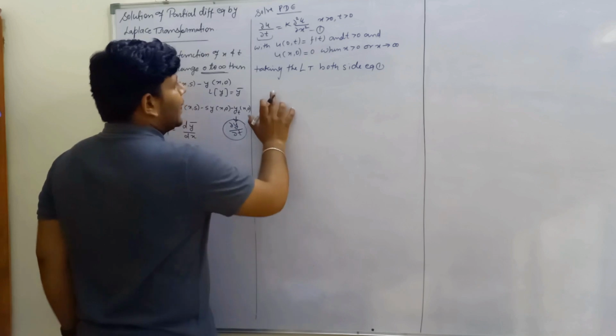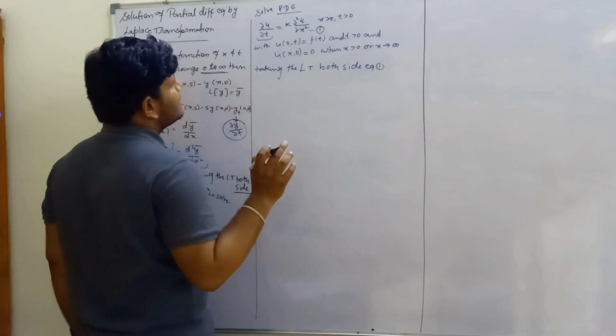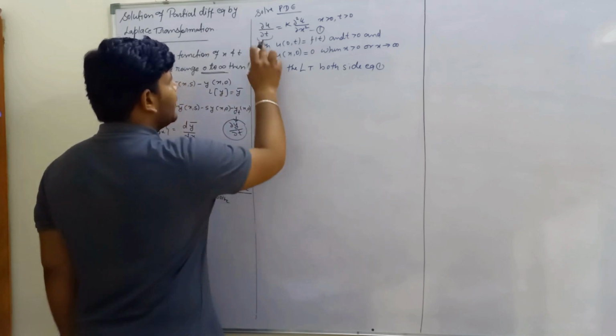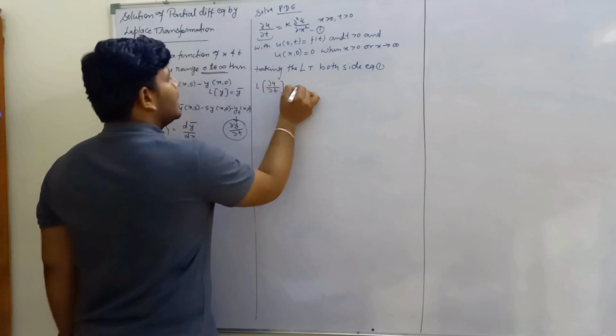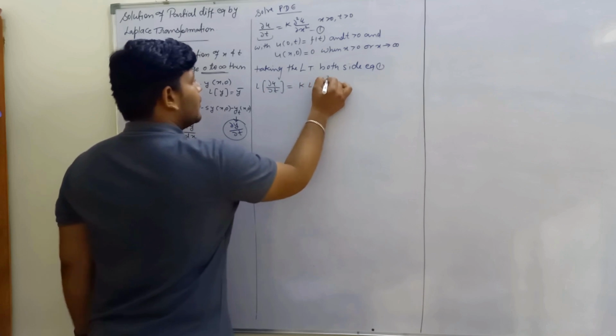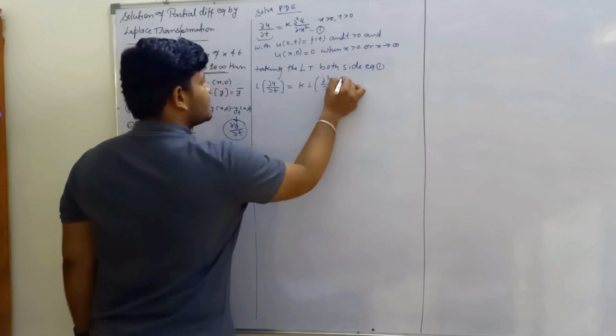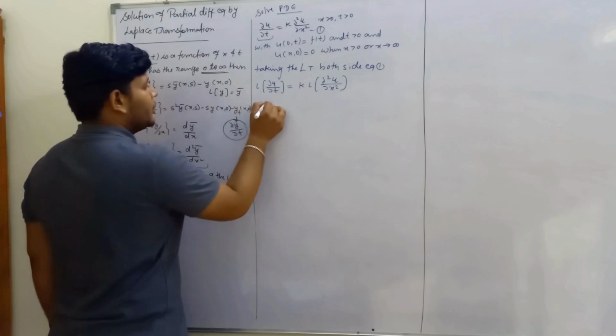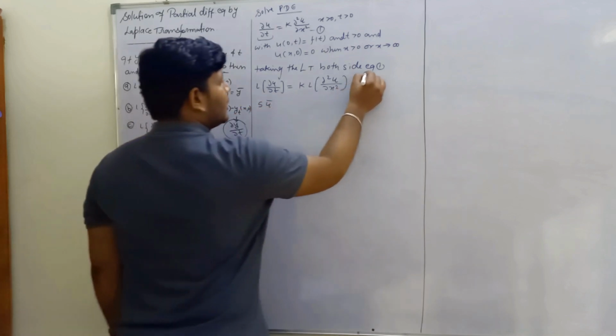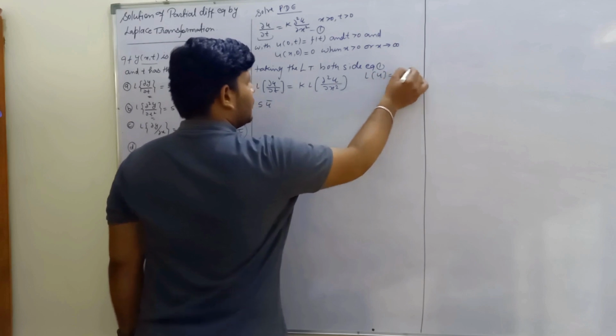Now here x is greater than 0, and I'm taking the Laplace transform of del u over del t, which equals the Laplace transform of k del 2 u over del x square. Now the Laplace transform of u is nothing but u bar.